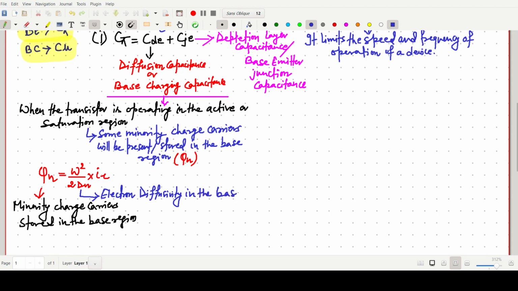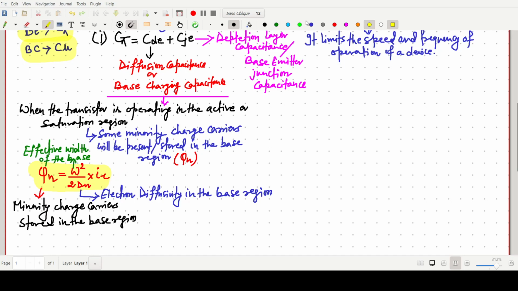For more detail you have to go for the semiconductor physics books. And this W is nothing but simply the effective width of the base. So this one is a very important formula: the minority charge carrier stored in the base region is W square by 2Dn into IC, the collector current.